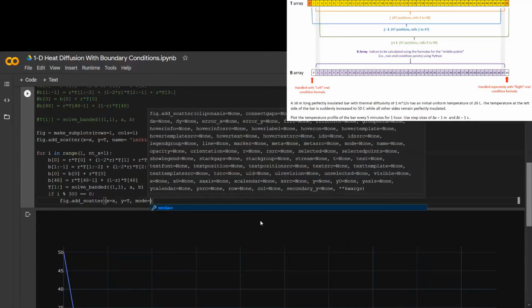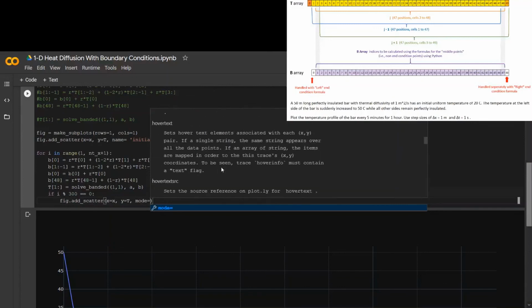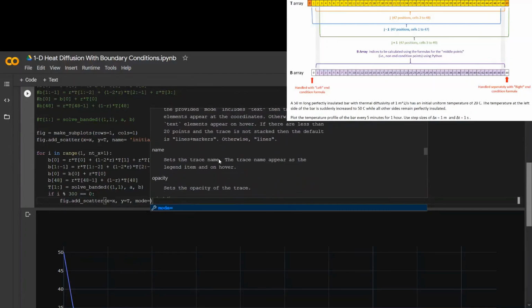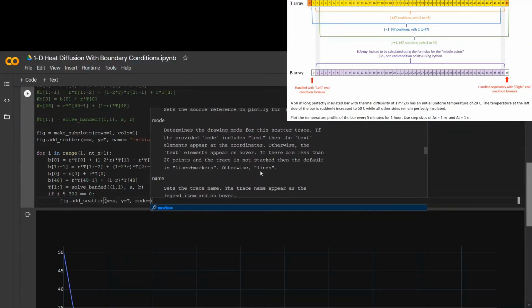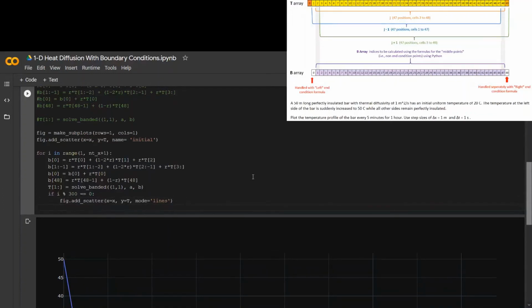Mode. What is mode? I think that's what it is. Mode: lines. I want it to be lines. I'm not 100% sure if that's going to work, but I think that's the right idea. Okay, and then let's show.